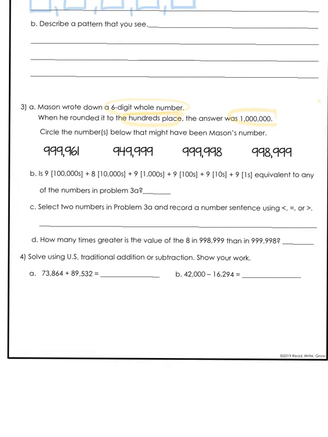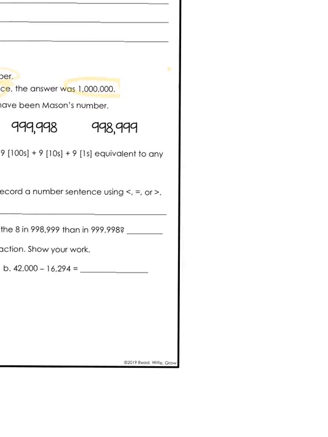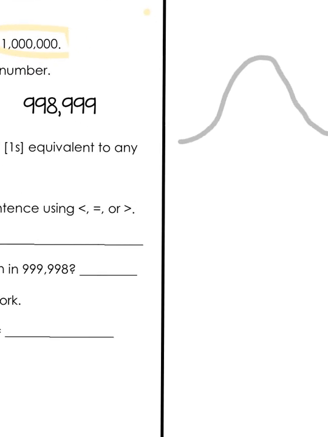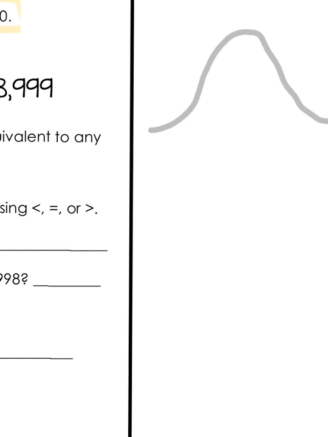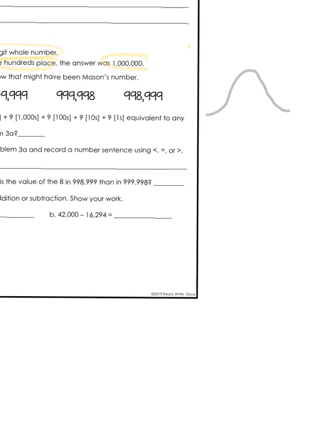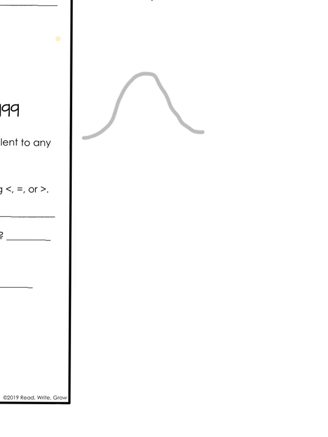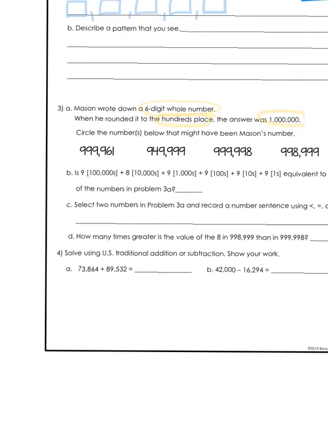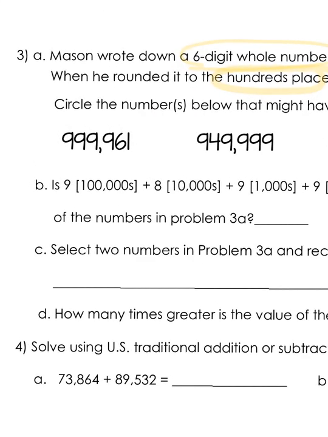So again, we're going to want to use the roller coaster model, where we have a hill at the top, and on one end of the hill we have one place value, and on the other end of the hill we have the next largest place value. So if we're rounding to the hundreds, what we need to do is look for what number, first of all, is in the hundreds.